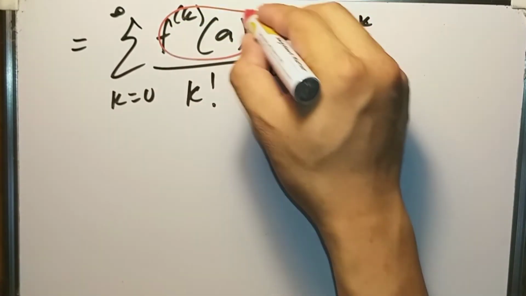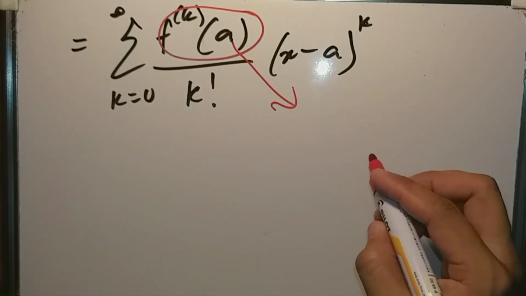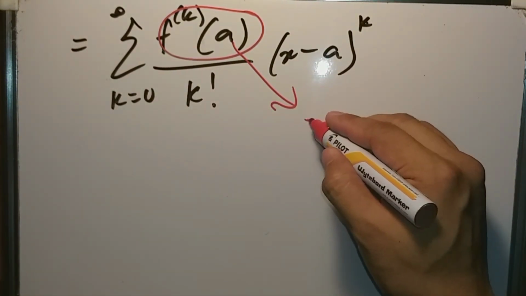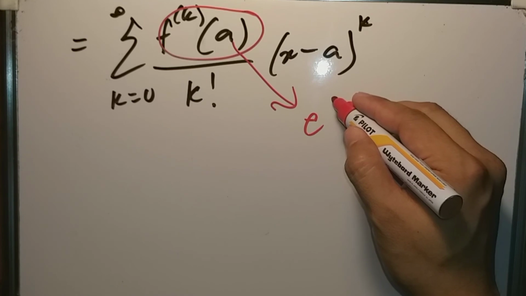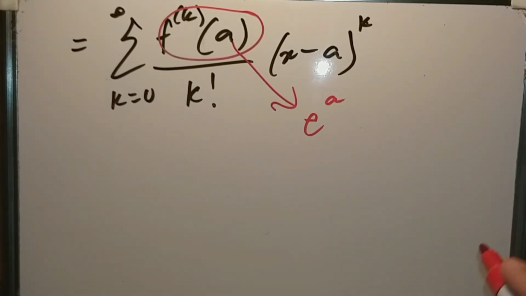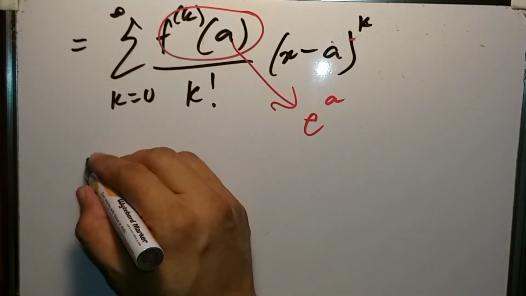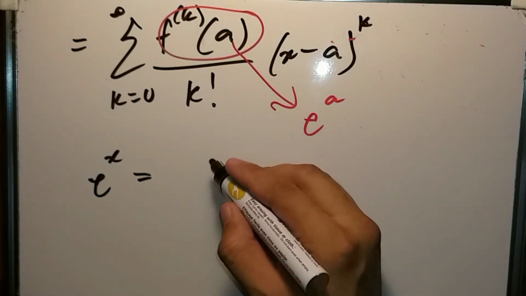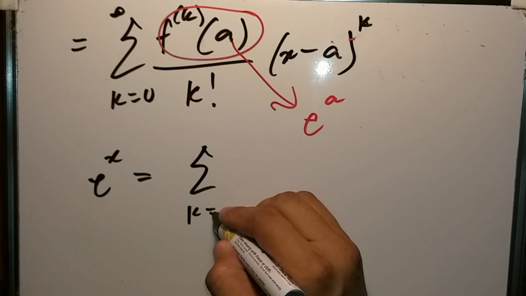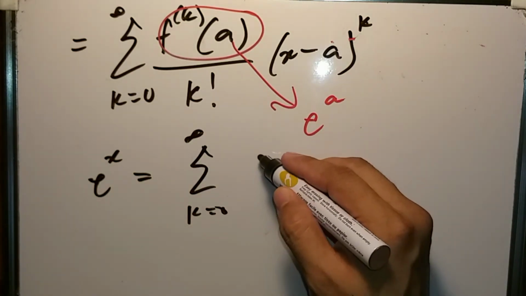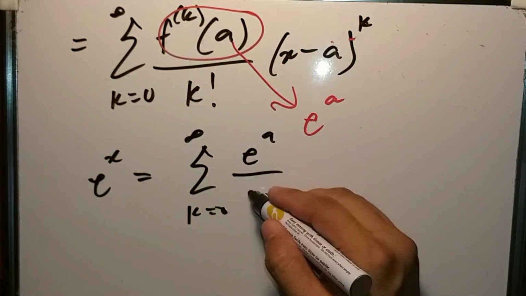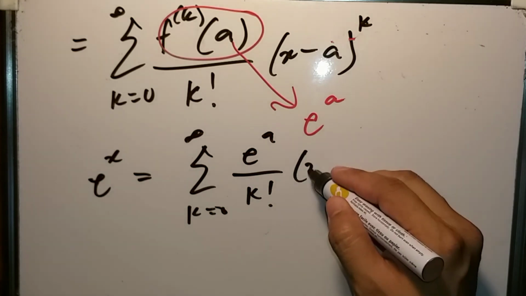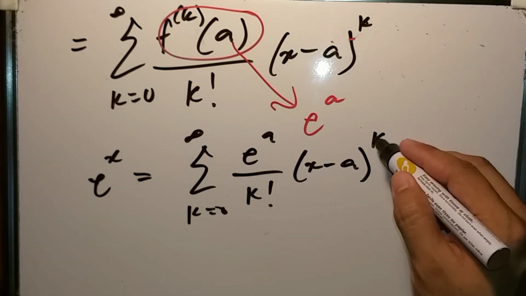So this term would be e to the a. So the final expression would be e to the x is summation k from 0 to infinity of e to the a over k factorial times (x minus a) to the k.